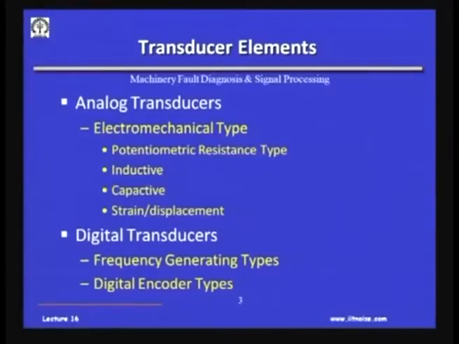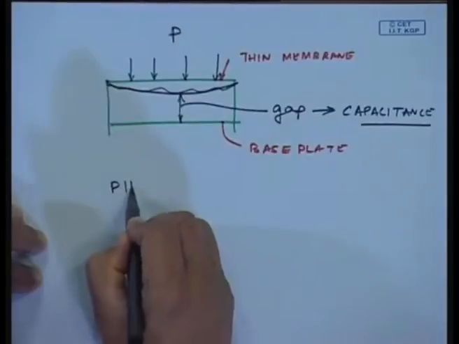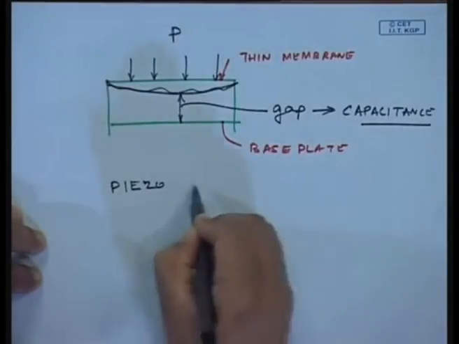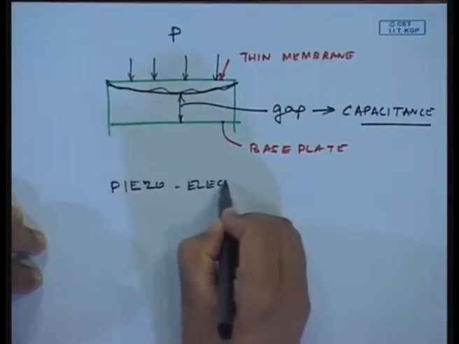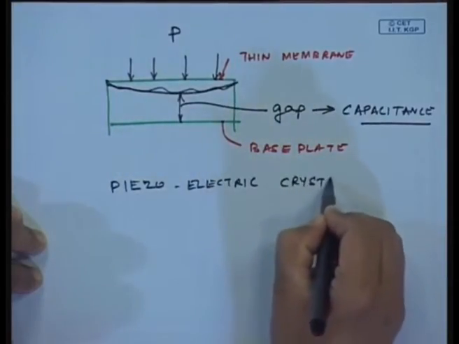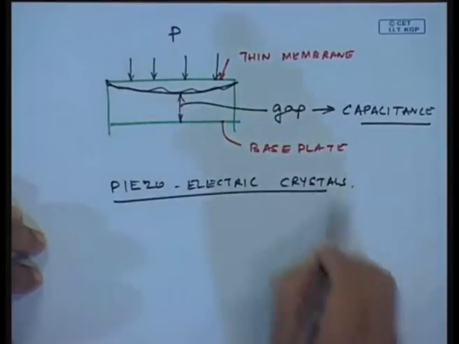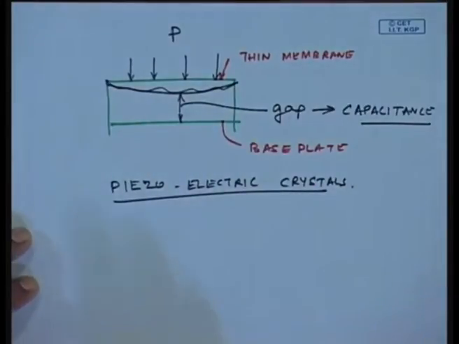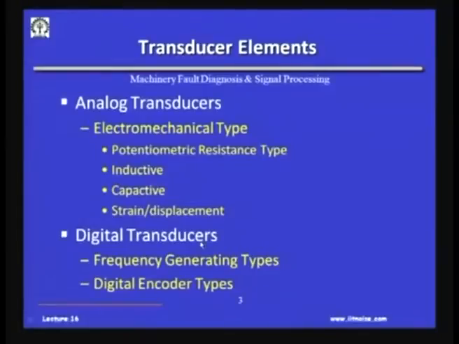Instead of strain gauges, we are also nowadays using piezoelectric crystals. In fact, in CBM, some of the instruments which we are going to discuss are basically nowadays having piezoelectric crystals as the sensing element. And some of the other types of transducers are the digital transducers.